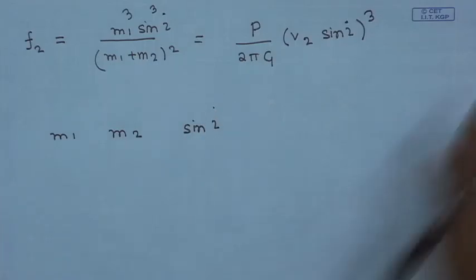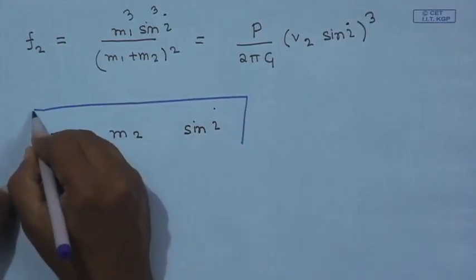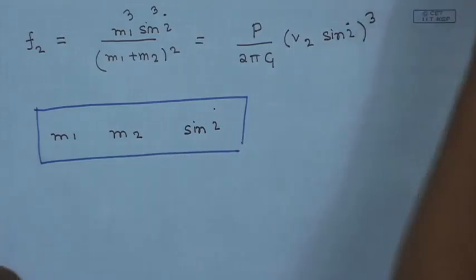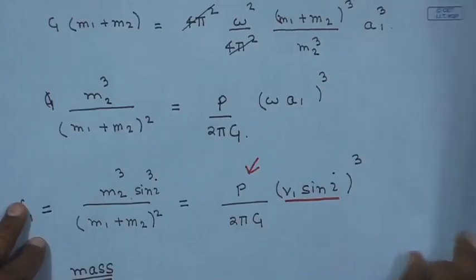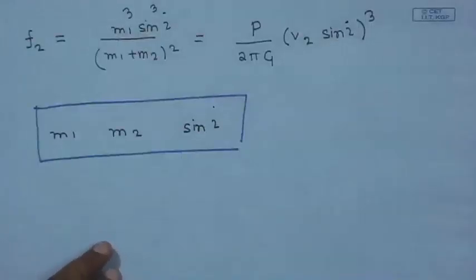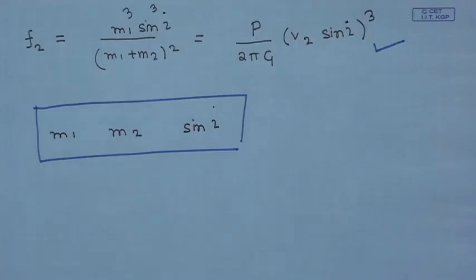So, these three quantities are unknown, and we only have two relations which can be determined from these observations. One is the mass function of the first object, other is the mass function of the second object. These are the two things that can be determined observationally, and these two quantities together are not adequate to uniquely determine the masses. So, that is the first point that we have to understand.